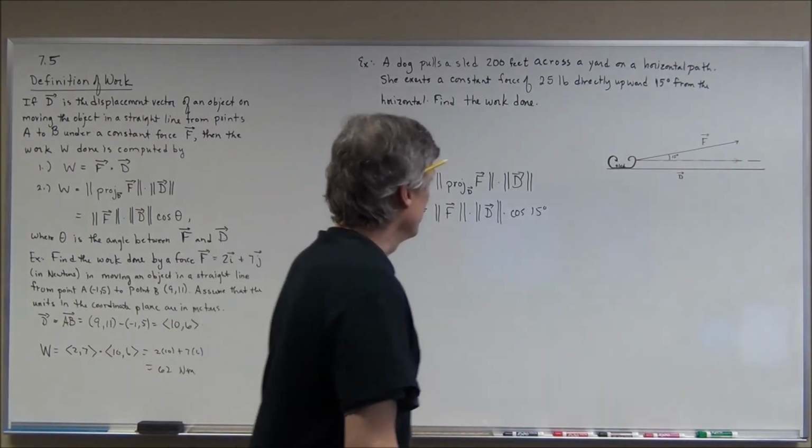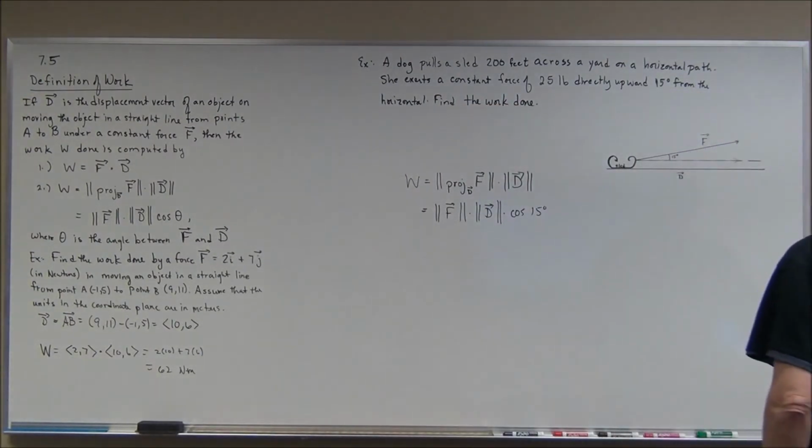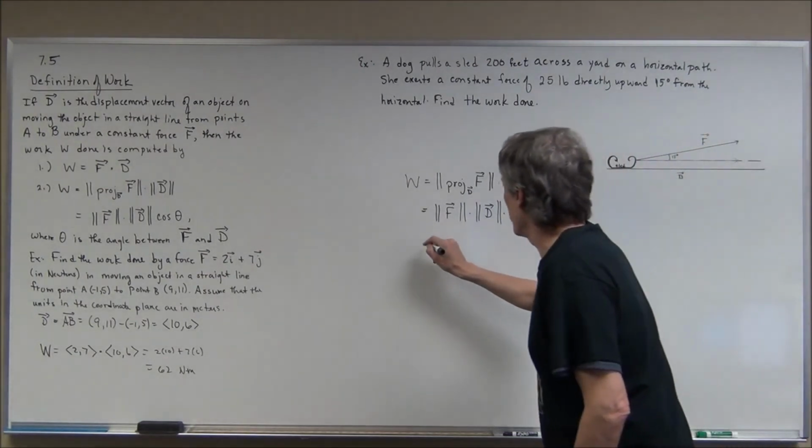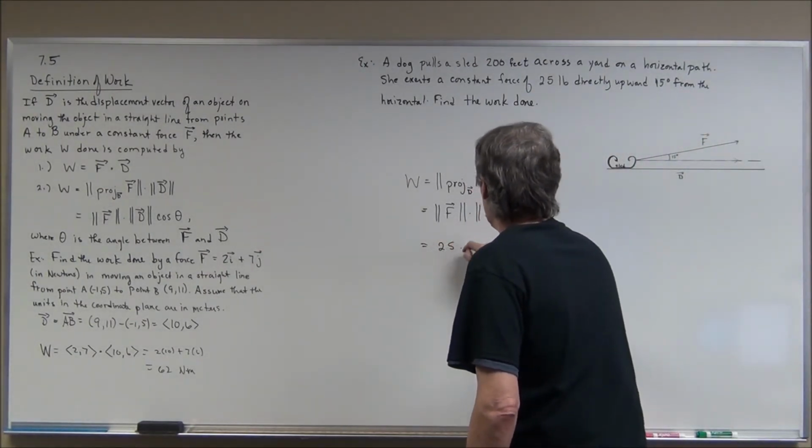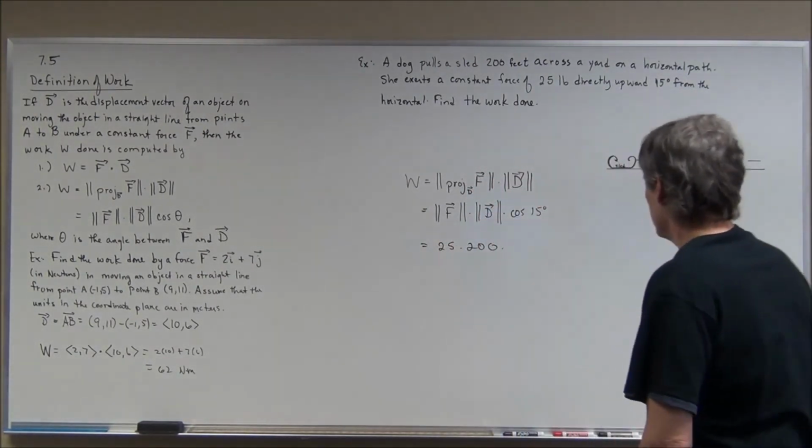Well, let's see. The magnitude of the displacement is 200. The force is 25. So this is 25 times 200 times the cosine of 15 degrees.